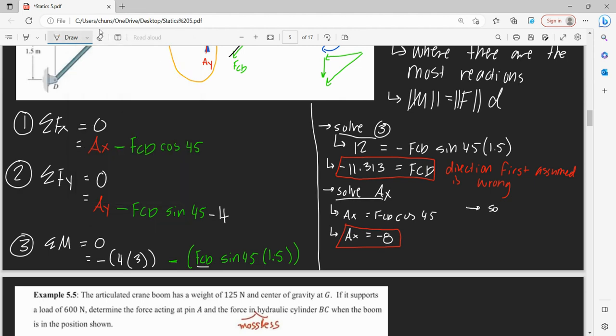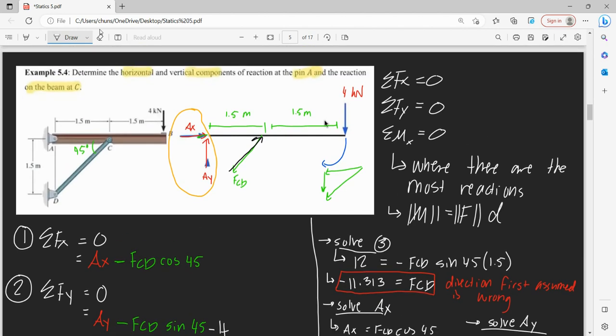And if we solve AY, AY is equal to FCD sine 45 plus 4. So sine 45 plus 4, and this gives AY is equal to negative 4 kilonewtons. Okay, so we've solved for all of our values here, and we see that they're all negative. So the directions that we initially assumed are not correct.